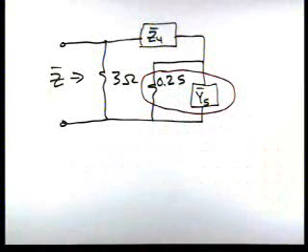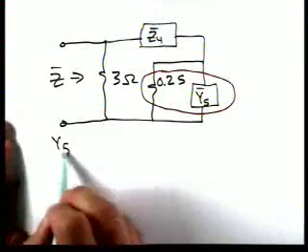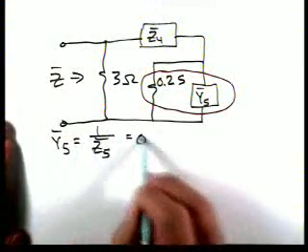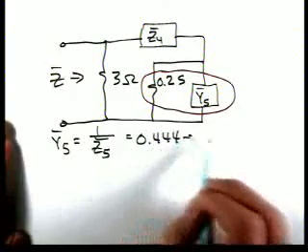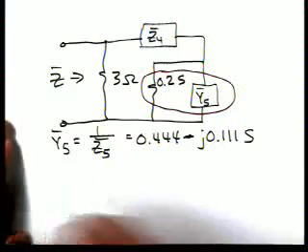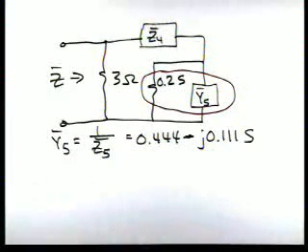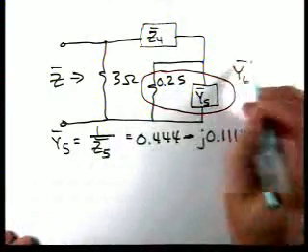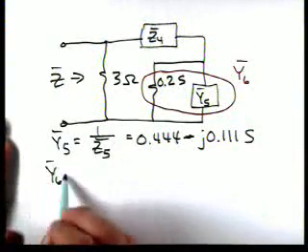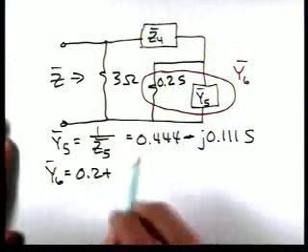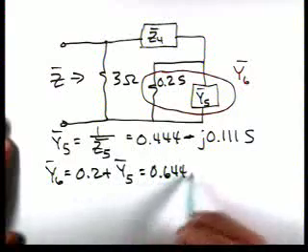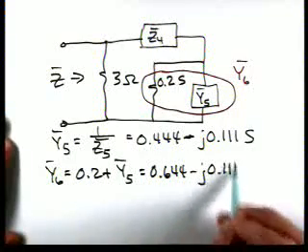So Y5 is 1 over Z5, which is 0.444 minus j0.111 Siemens. So then we'll call this combination Y6. So Y6 then is 0.2 plus Y5, and that's 0.644 minus j0.111 Siemens.